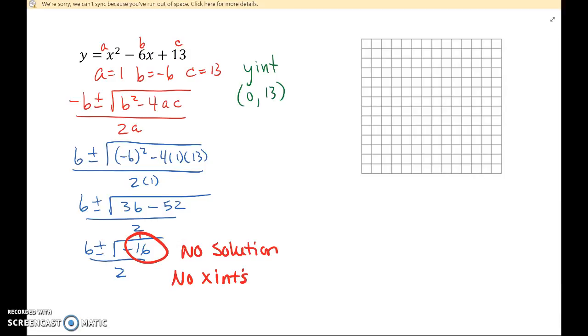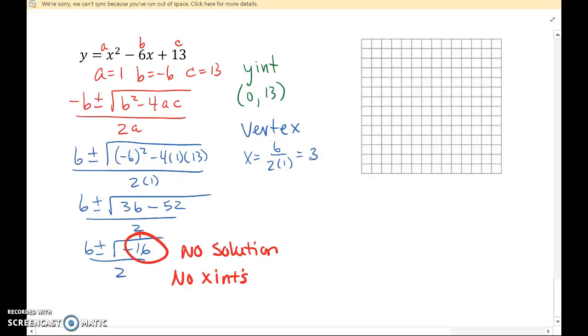Our vertex, we're going to use the -b over 2a, and since our b is already negative, then we'll do +6 over 2 times a, which is 1, and we get 3.